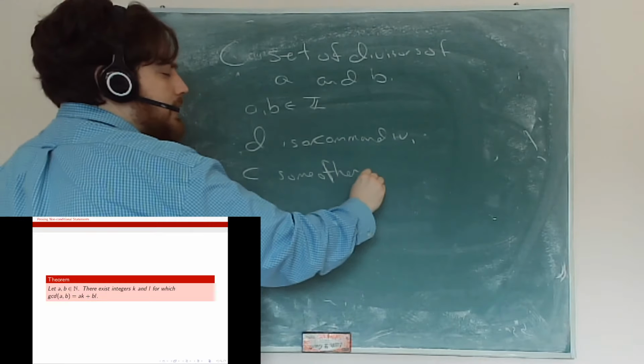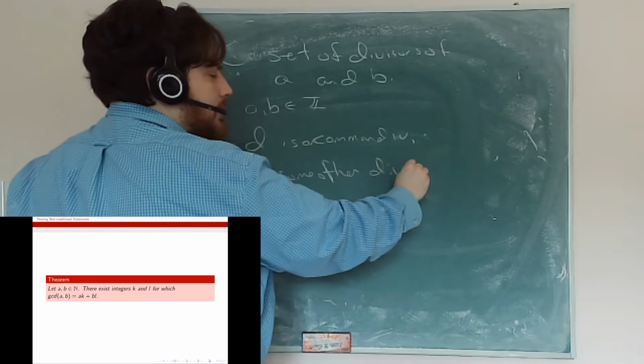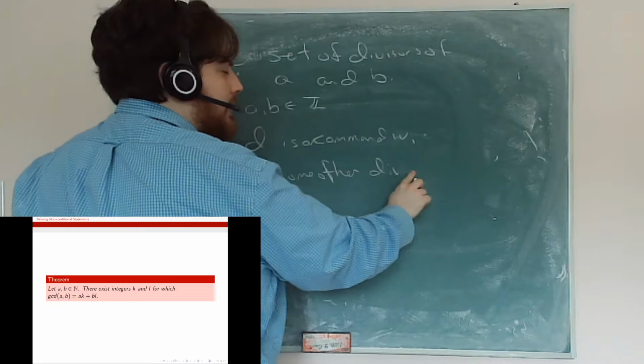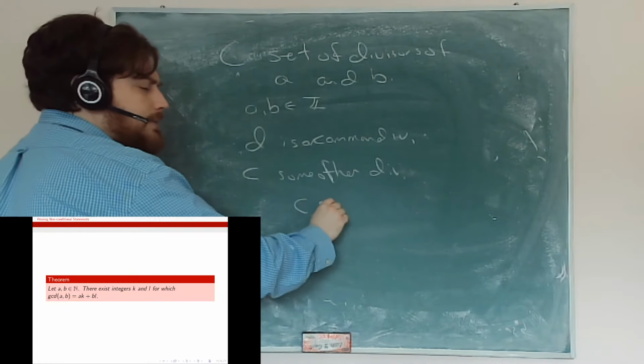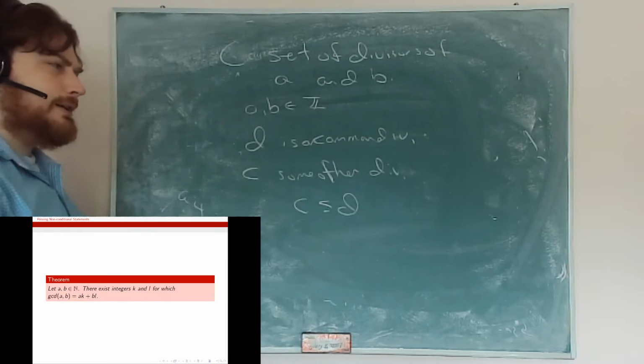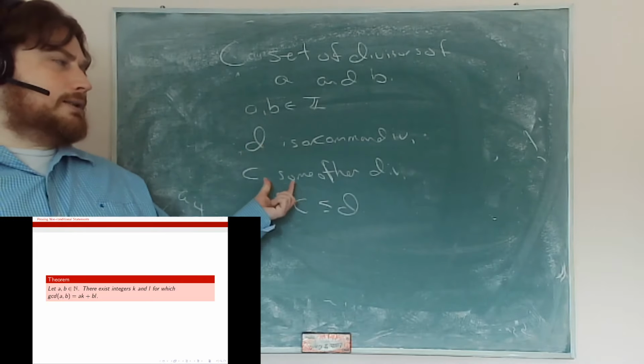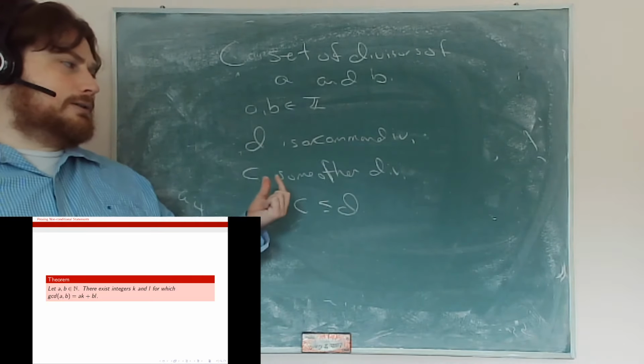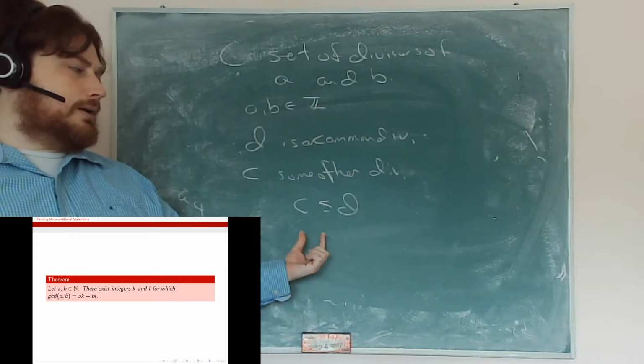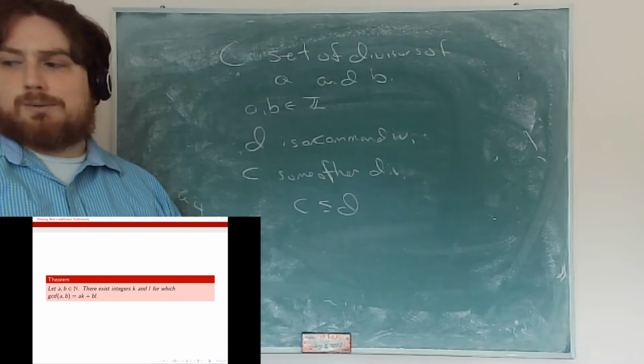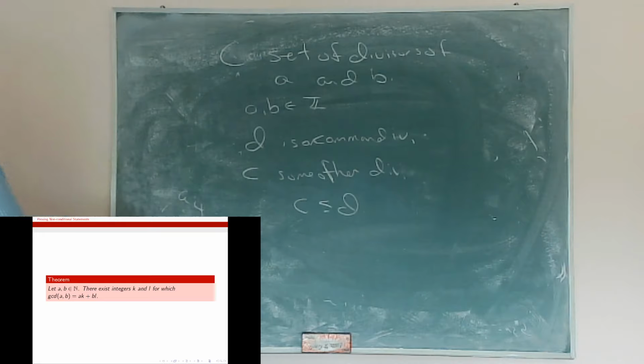My claim is that C must be less than or equal to D. So that's what it means to be the greatest common divisor: it is a common divisor, and furthermore, any other common divisors have to be less than or equal to D. So it's going to be the biggest one of them. Hopefully that helps.